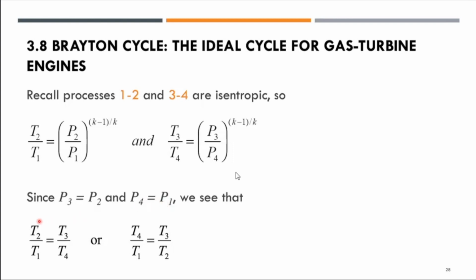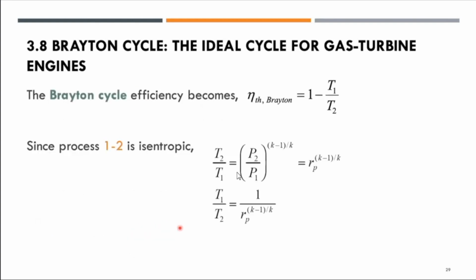We can write the expression of the temperature as well, T2 over T1 equal to T3 over T4, or the other way around, right? And now we can see that the Brayton cycle efficiency becomes only the expression of temperature T1 over T2, since process 1 to 2 is isentropic, right?